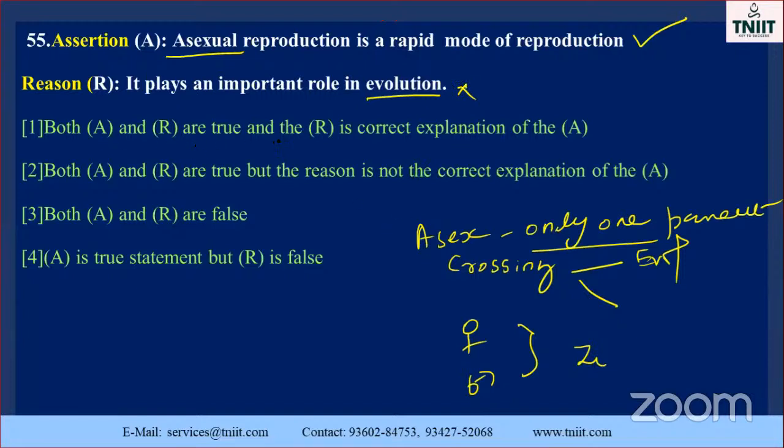A and R are true, R is not a correct explanation of A. It is not correct. Both A and R are true, but R is not the correct explanation of A, no. Both A and R are false, no. A is a true statement, but R is false. This is the correct one. Okay, my dear, so the answer is the last one.